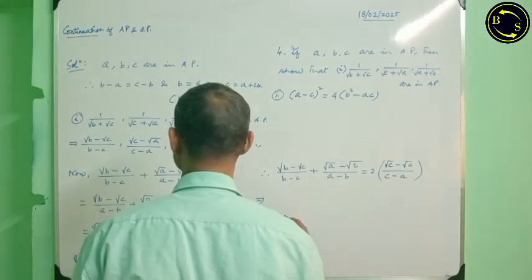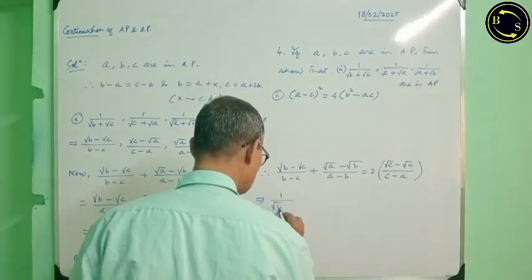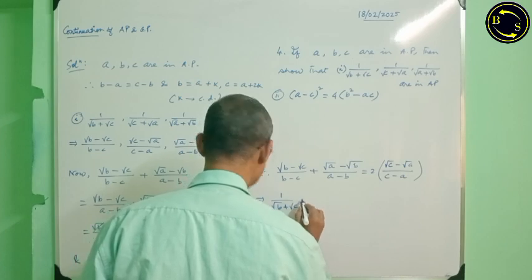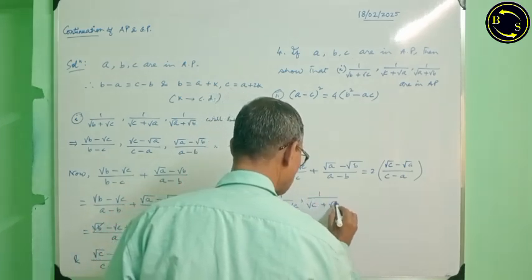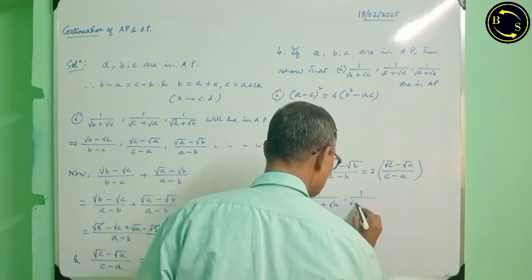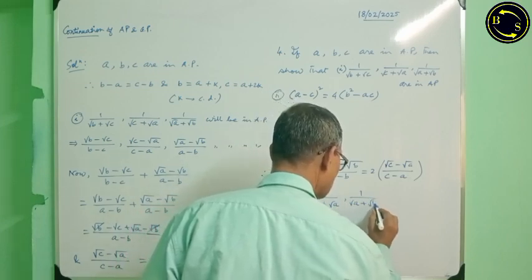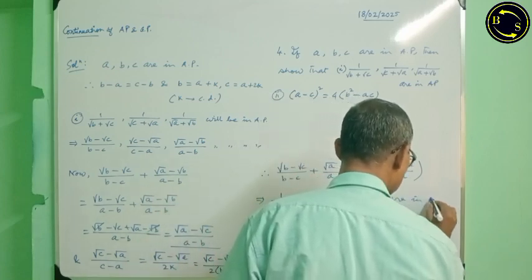Therefore we can conclude 1 by root B plus root C, 1 by root C plus root A, 1 by root A plus root B are in AP.